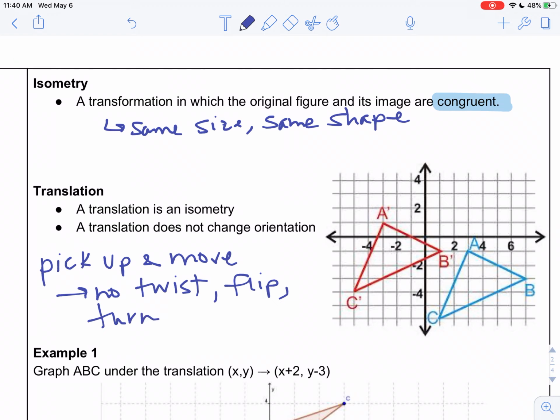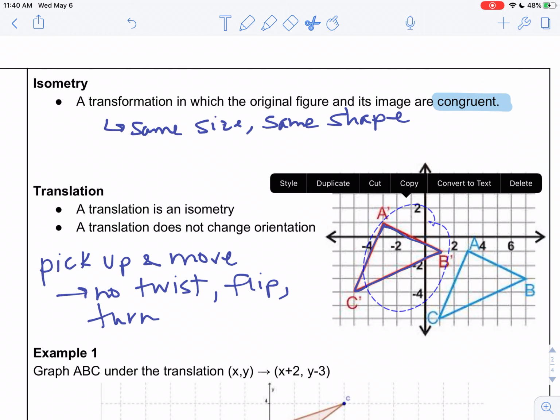We're just going to pick it straight up and set it down. So just a reminder, our original figure, our pre-image, is ABC. We pick that up and move it to a new location without twisting it. Okay, so our original is ABC because we just have plain old letters. Our image is A prime, B prime, C prime, so that's the new version.